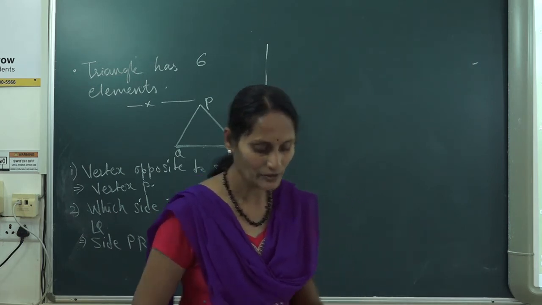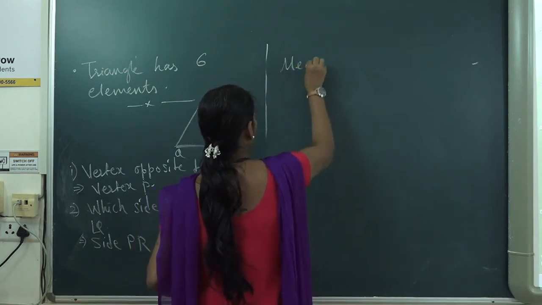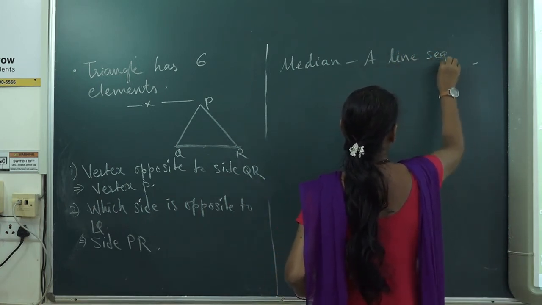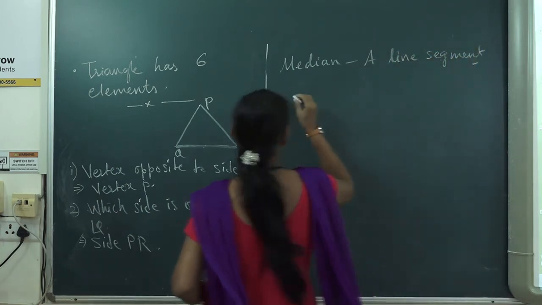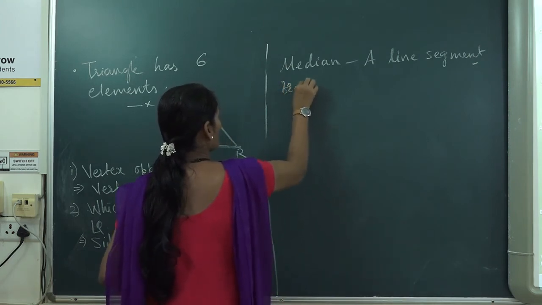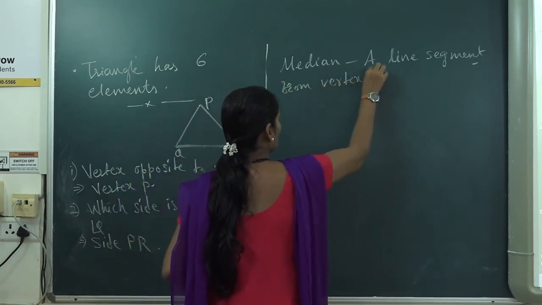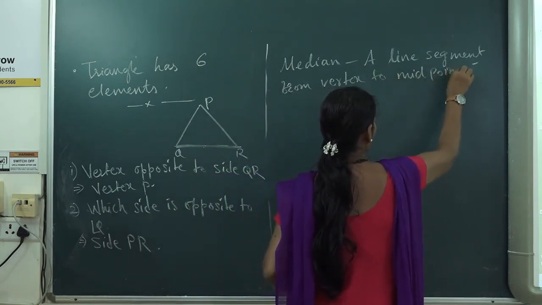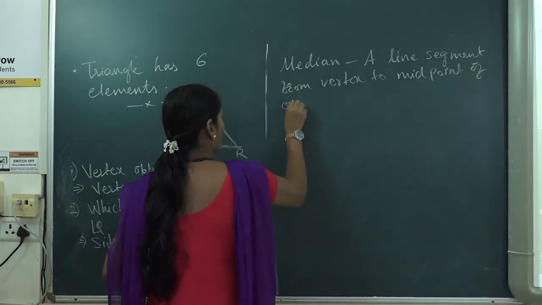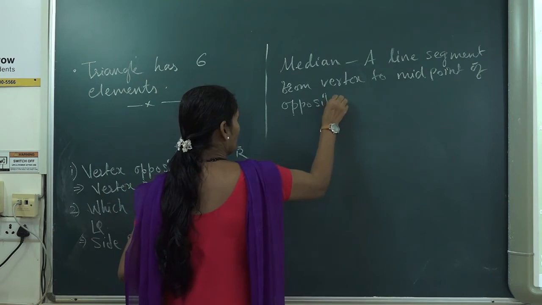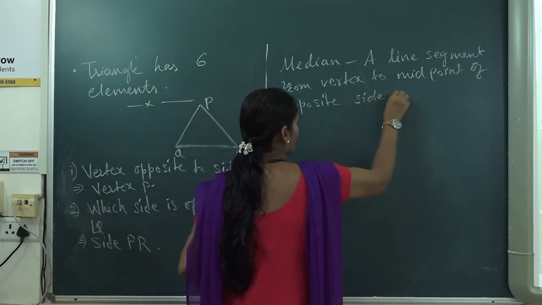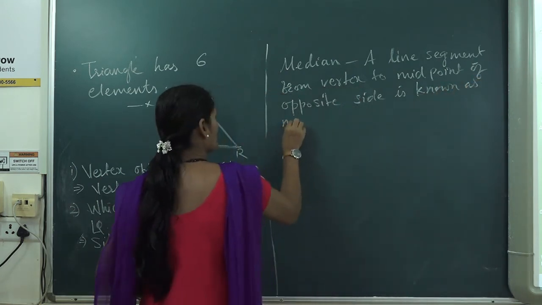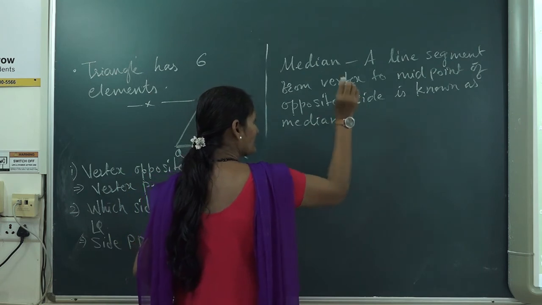A median: a line segment from a vertex to the midpoint of the opposite side is known as a median.